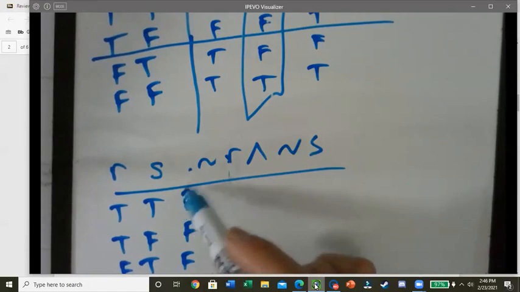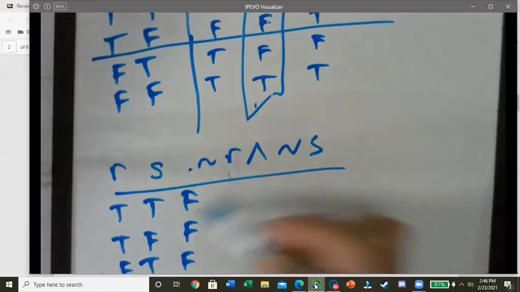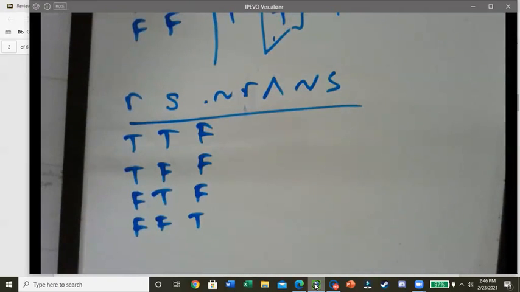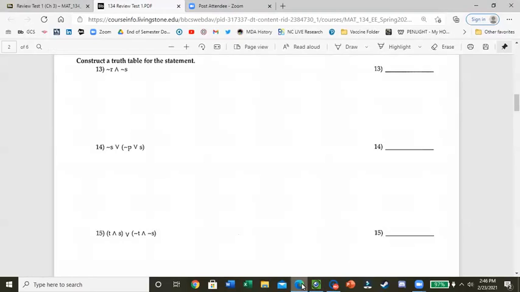So this column here is squeezed way over to the left. You may see it that way on the test, so don't get confused. That third column is just the answer. Okay. All right. Moving right along.